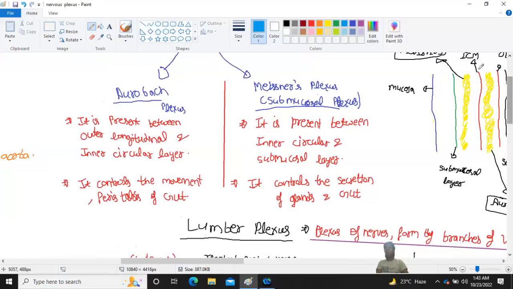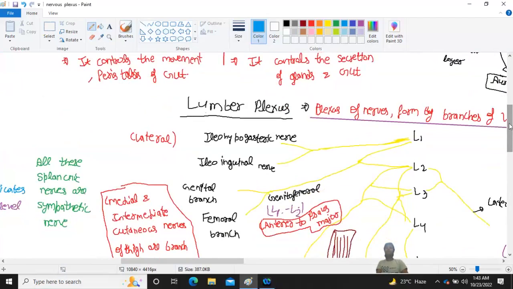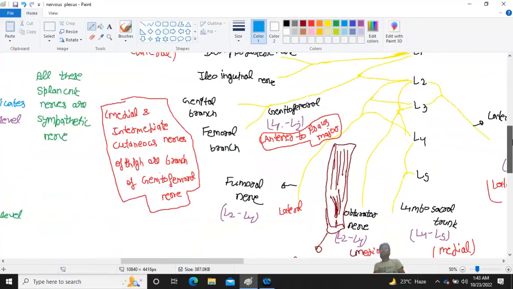It is a plexus of ventral rami and it has a relation to the psoas major muscle. These are the nerves basically.